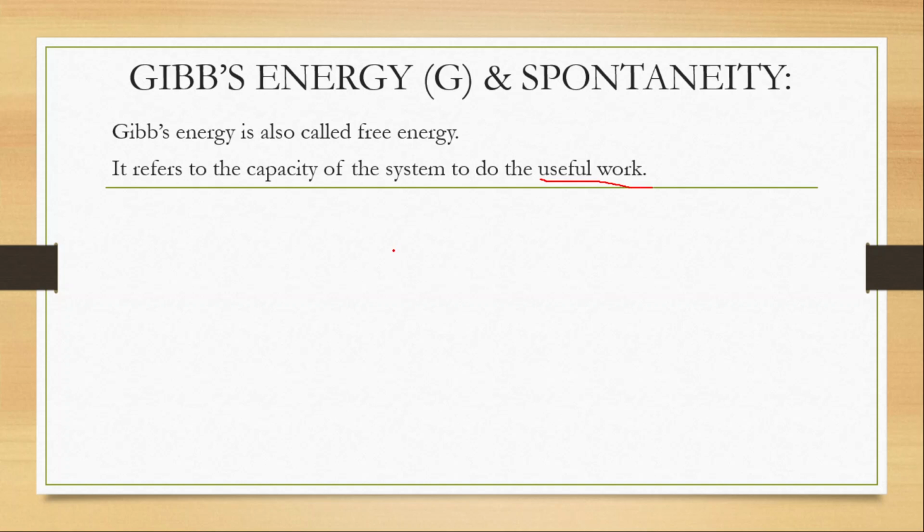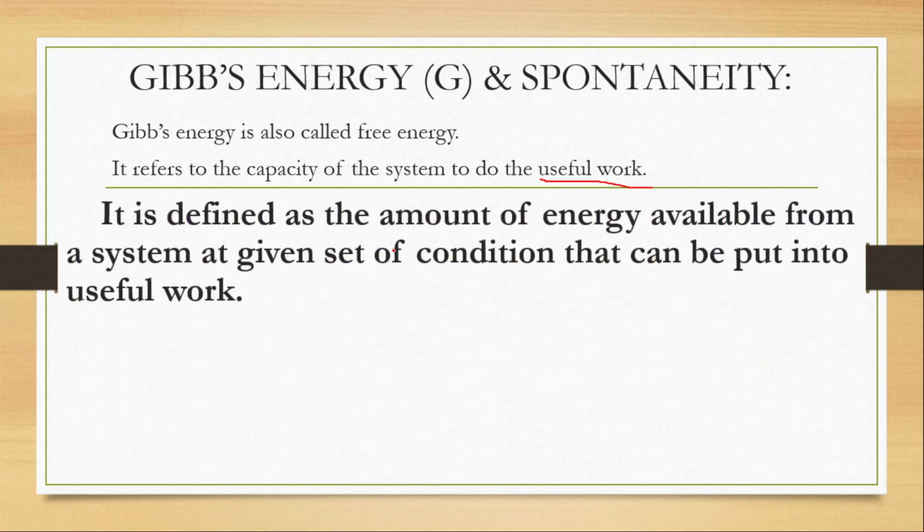Clear? Now, what is this Gibbs energy actually? Gibbs energy is defined as the amount of energy available from the system at a given set of conditions that can be put into useful work. That is, how much amount of energy is there in the system, and in that, how much is exactly converted into useful work.